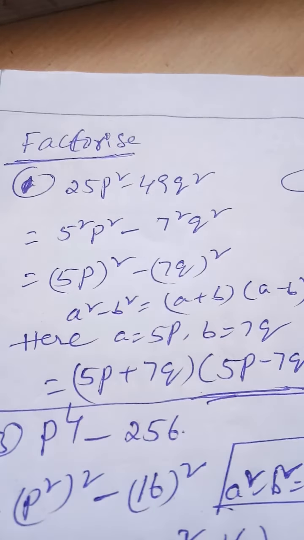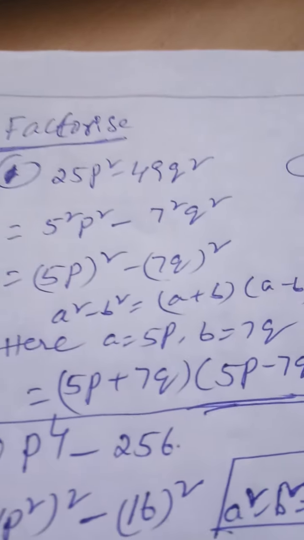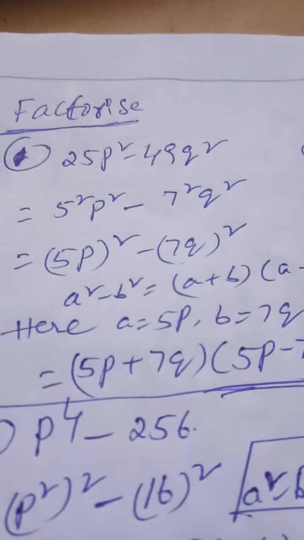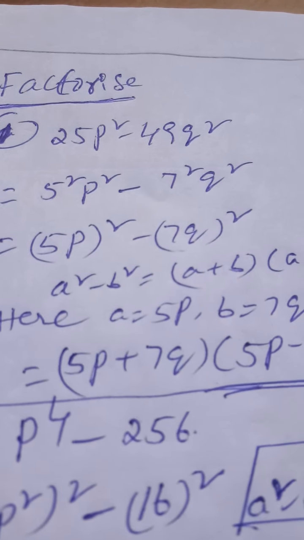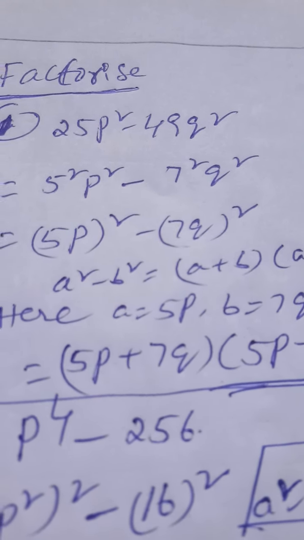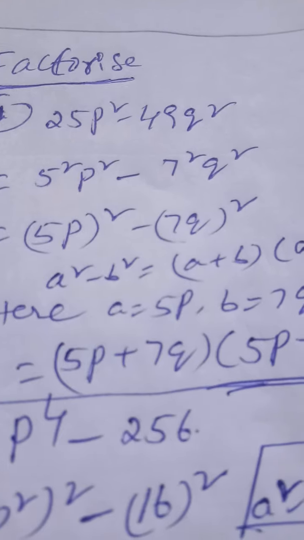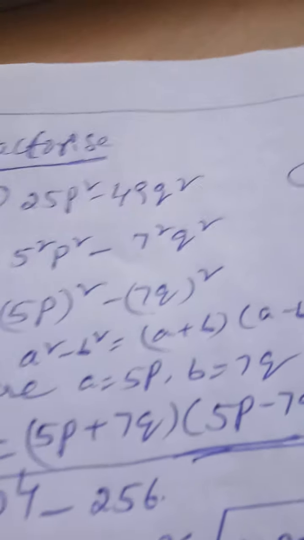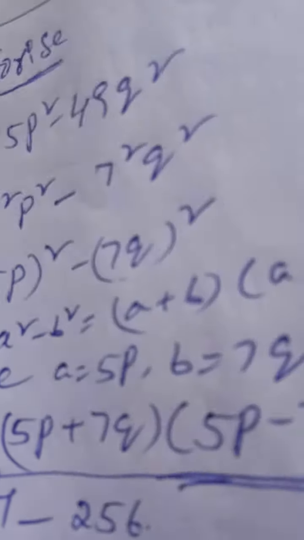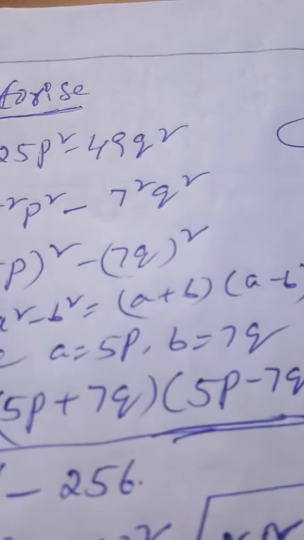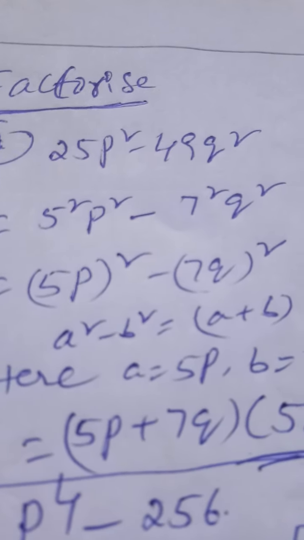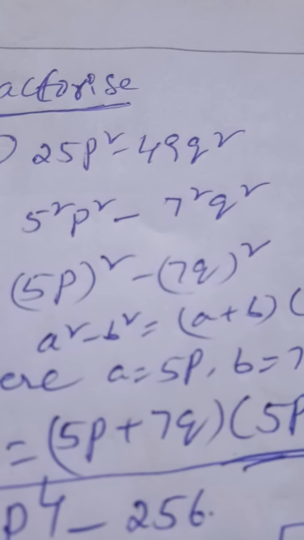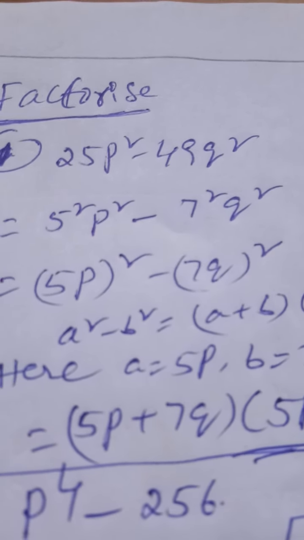Here the first problem, 25p square minus 49q square. 25 we can write as 5 square, next p square, minus 49 we can write as 7 square q square. So it is nothing but (5p) whole square minus (7q) whole square.